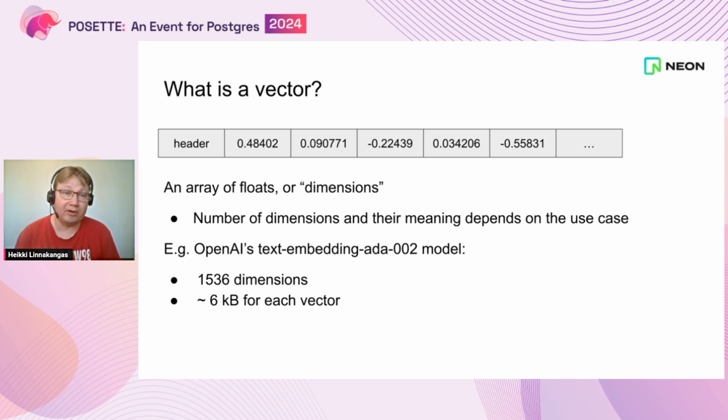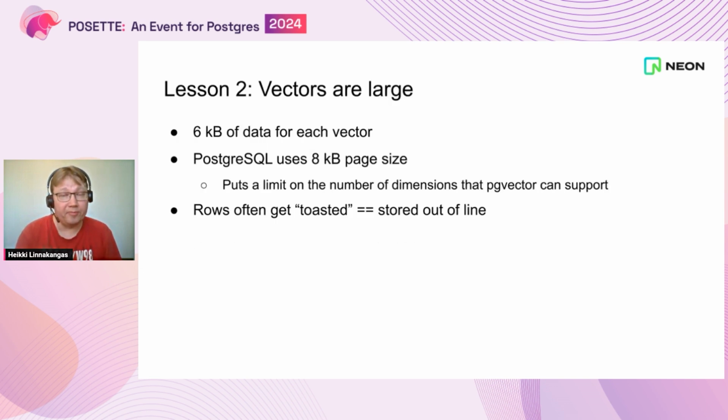So that's a pretty large chunk of data if you compare it to a single integer or some simple data types or even text. So that was kind of my second lesson when I started to work with these vectors. They're pretty large. 6 kilobytes of data for each tuple, each value in a column is pretty large.